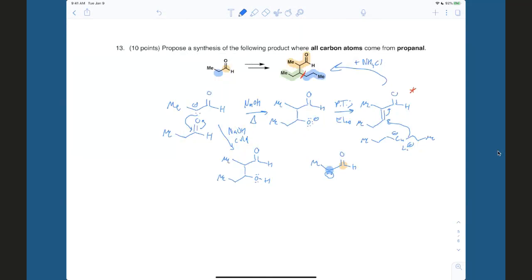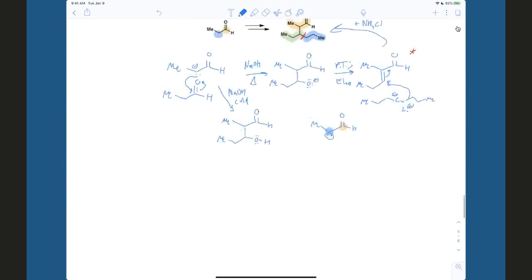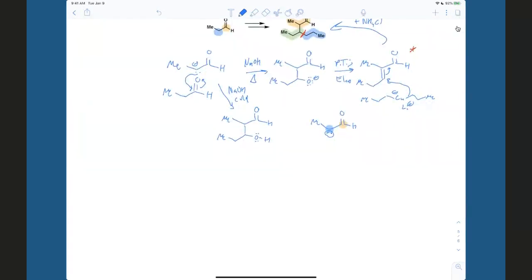How do we make cuprates? Does anyone remember how you make a cuprate? All right, I will give you maybe a brief hint. In order to make cuprates, we always have to make them from other types of organolithiums.